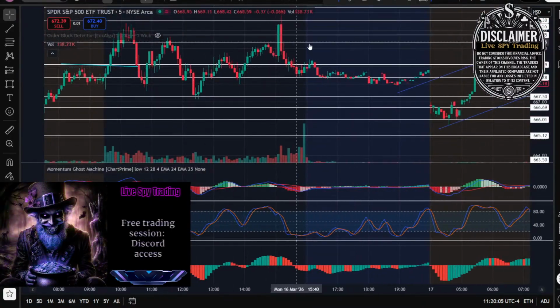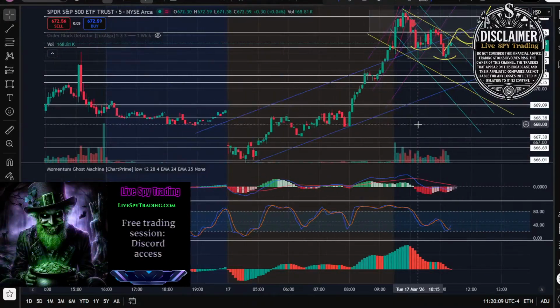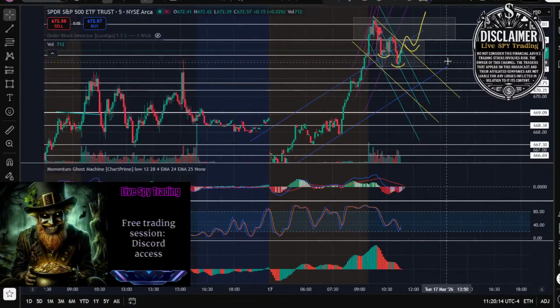Yesterday was choppy too. We had some good plays, but yesterday was pretty choppy too. Because here's the thing, the move happened overnight or at pre-market.